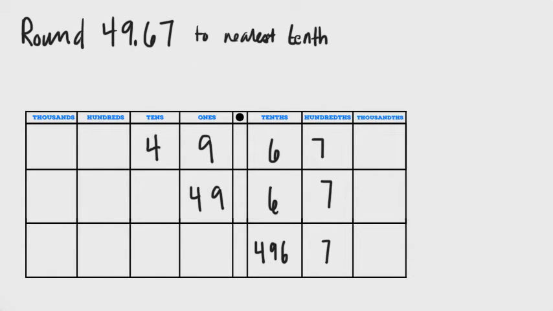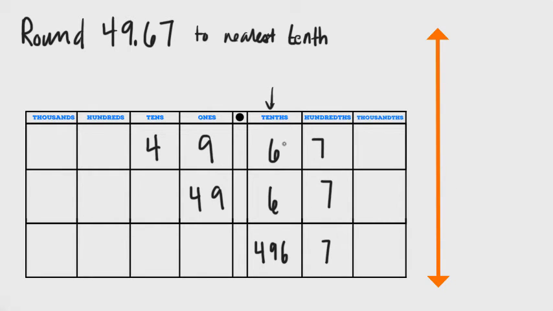Now we want to round to the nearest tenth. So here's how we would do that. When we're rounding to tenths, we want to think about what's going to make the most sense in terms of tenths. What is it going to be in between?